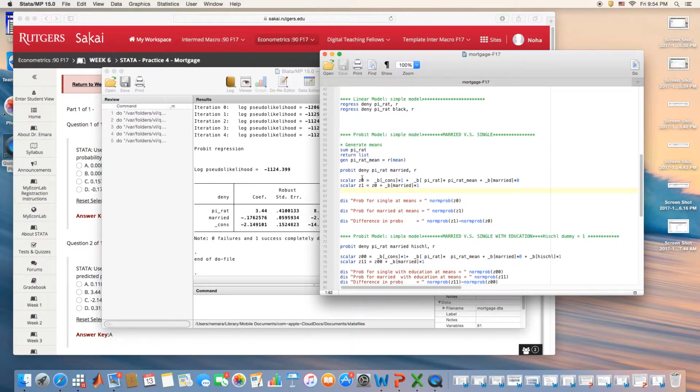As you had on the slides, in order to do that, you need to have the cumulative standard normal distribution, and inside it you have the betas multiplied times the variables that you need.